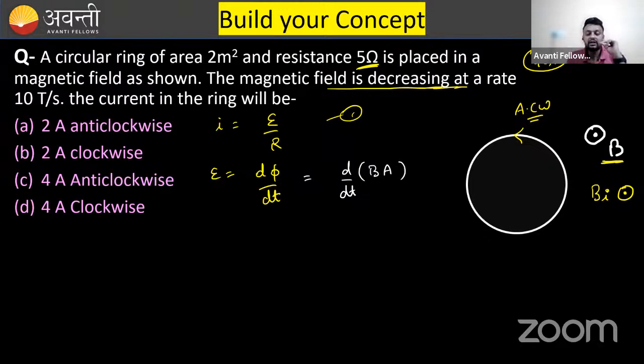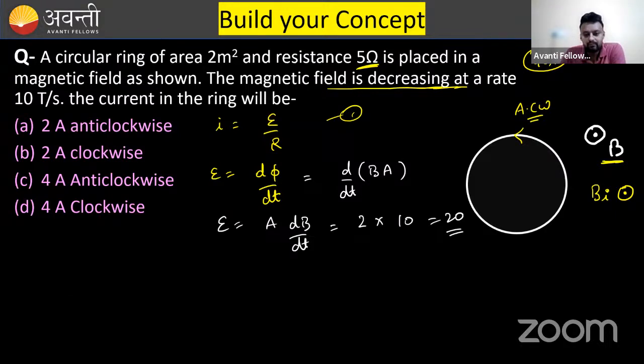I am not putting cos theta. Why am I not putting cos theta? Because theta is going to be 0. That's why I am not putting cos theta. Cos 0 is 1. So out of this equation, you can take area outside, A dB over dt, and dB over dt is given. Area is given as 2, dB over dt is given as 10. That means 20.